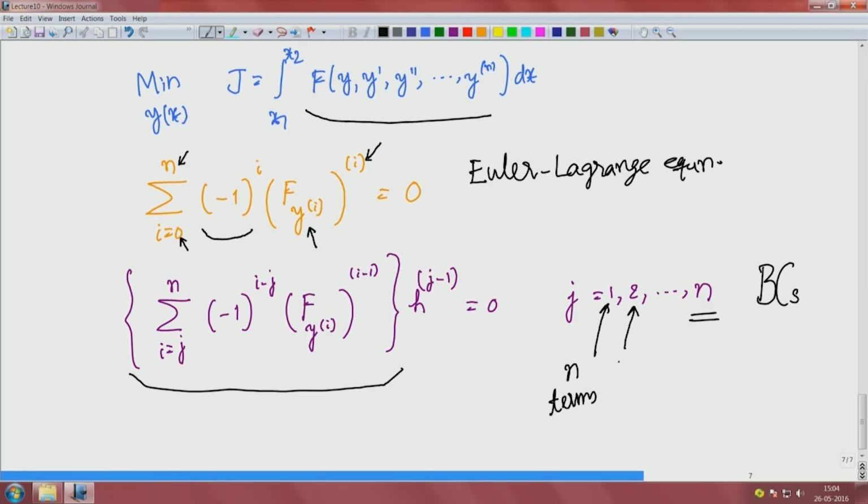And then when this is there, we will have n minus 1 terms. Finally, when you have j equal to n, you will go from i equal to n to n itself, so you will have only one term.